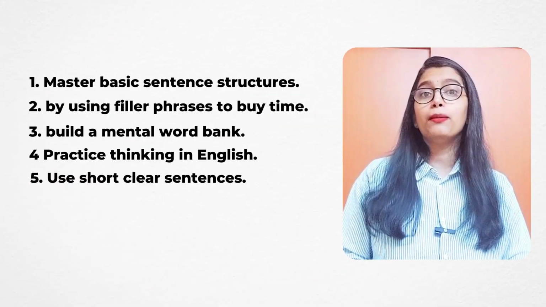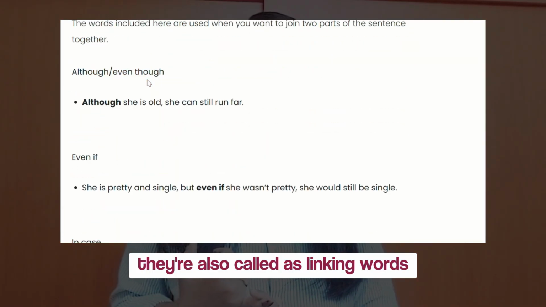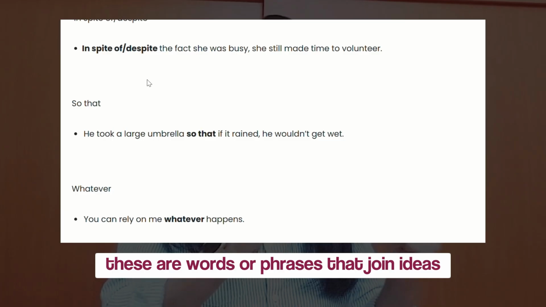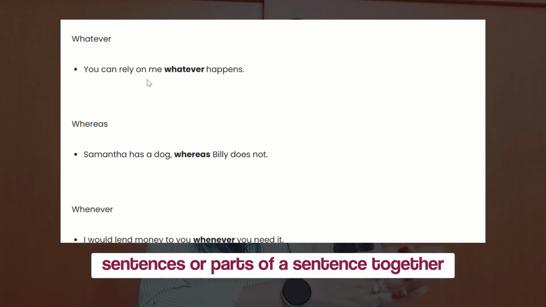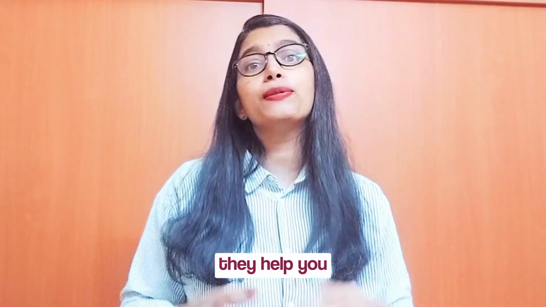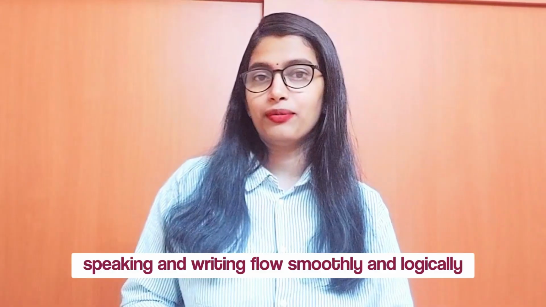Point number six is improvise with connectors. Connectors are also called linking words or transition words. These are words or phrases that join ideas, sentences, or parts of a sentence together. They help your speaking and writing flow smoothly and logically.